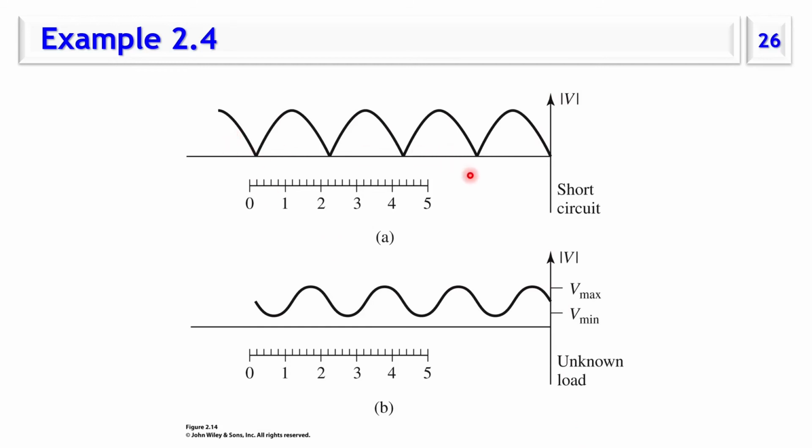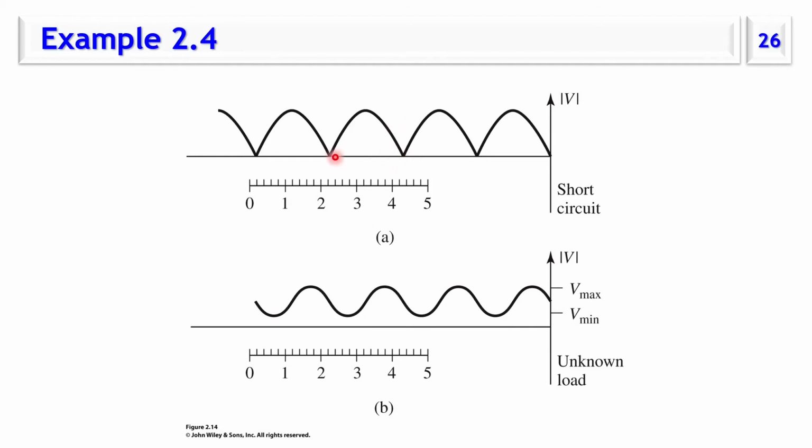The scale can be in that way or that way. It can start here or at any point, because what we really care about is the relative value between points. When we have a short circuit, we get a sharp minimum. The distance between minimums is lambda by 2, because the impedance is periodic with a lambda by 2 period.